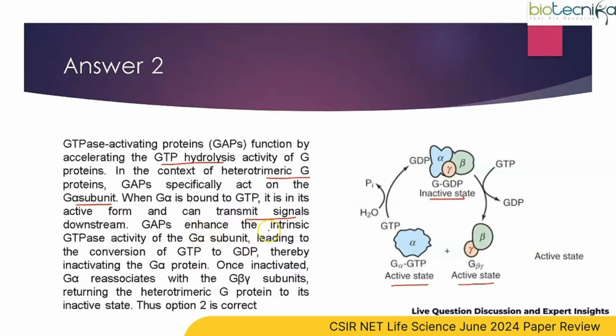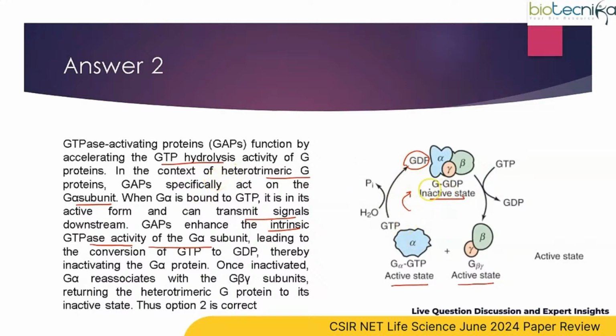These GAPs enhance the intrinsic GTPase activity of the G alpha subunit. Because they have the GTPase activity, they will convert this GTP back to GDP. Now this G alpha will become inactive. So what is the GAP doing?